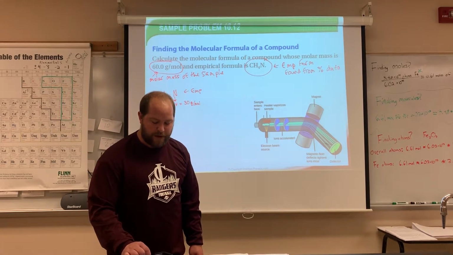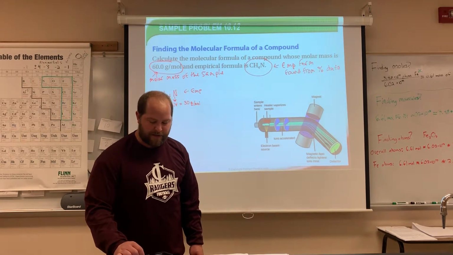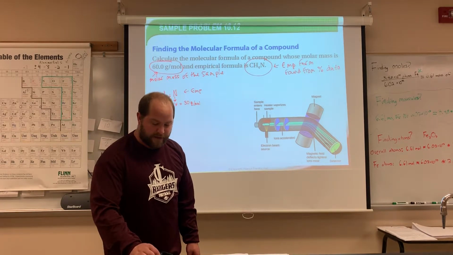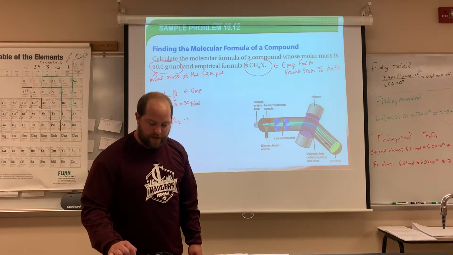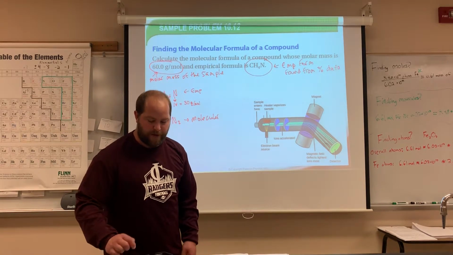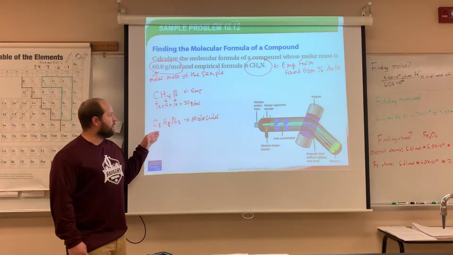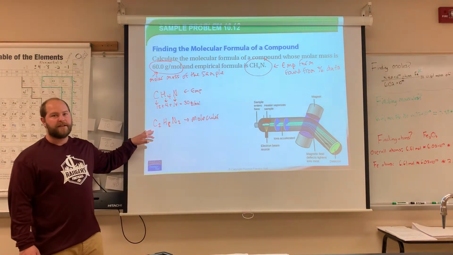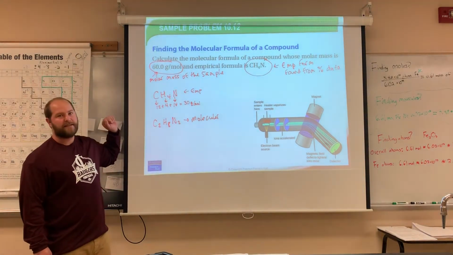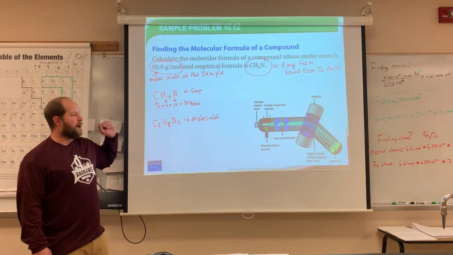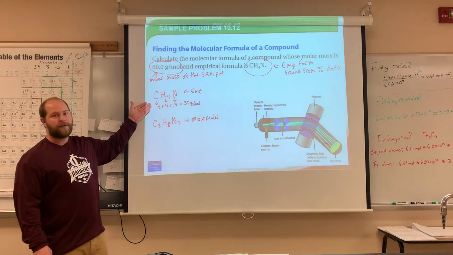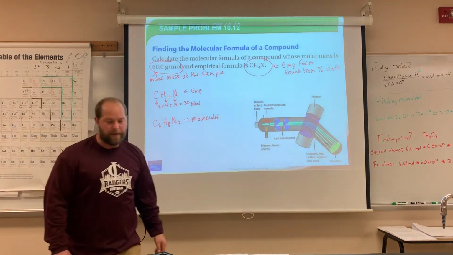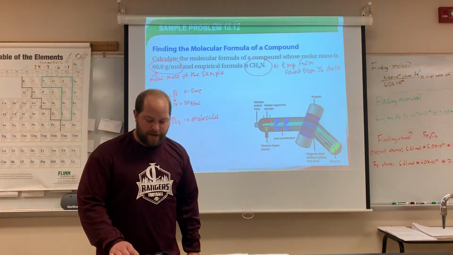So C2H8N2. This is going to be the actual molecular formula. And if you were to figure out the molar mass, you're going to see that it is the 60. I'm going to do a couple more of these problems, but that's how we do it. You first figure out the empirical formula, then you figure out the molecular formula based on the molar mass.